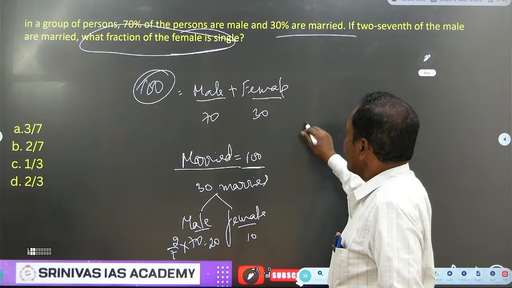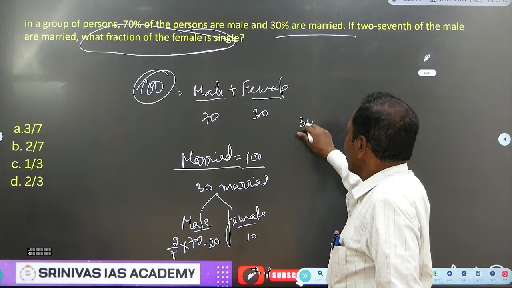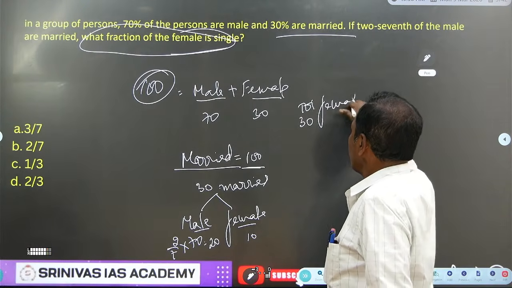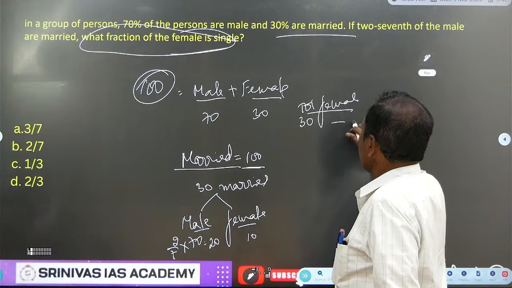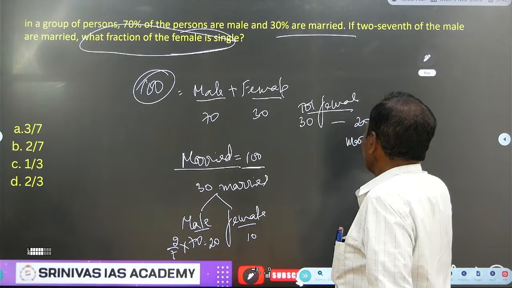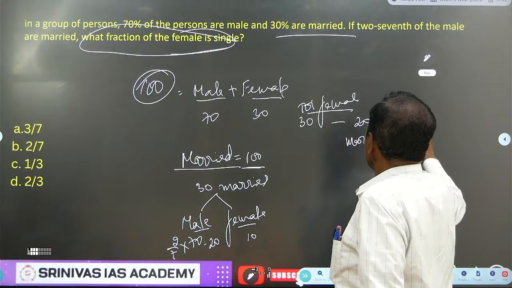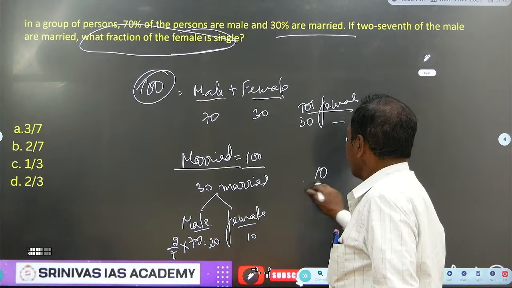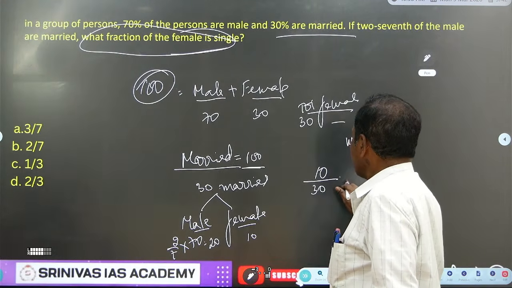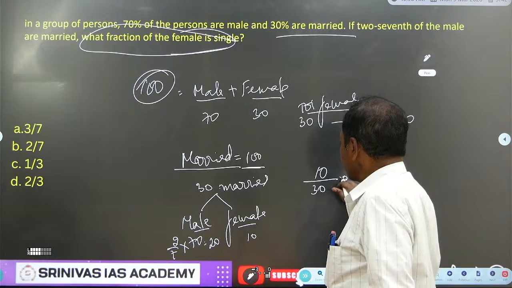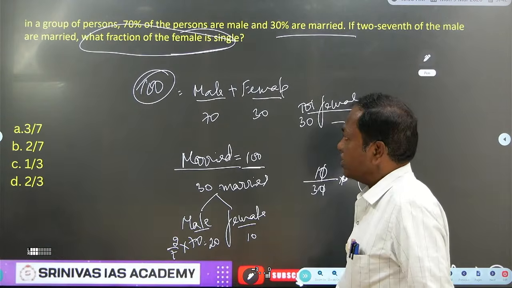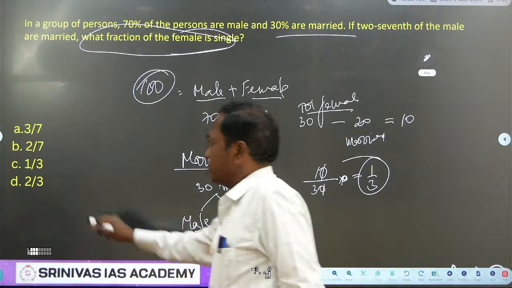What is the remaining? 20. 30 is the total female, minus the married female, 10. 10 out of total 30. Percentage is not required, only fraction. Is 1/3 there? 1/3 is there.